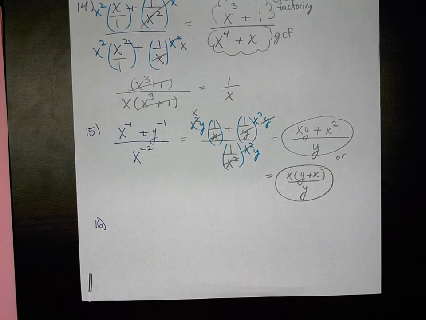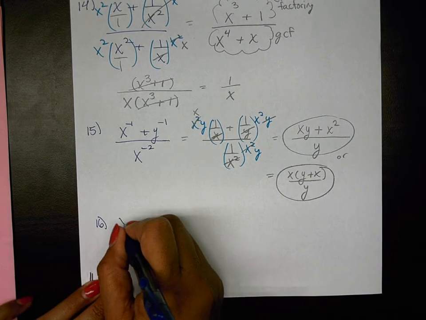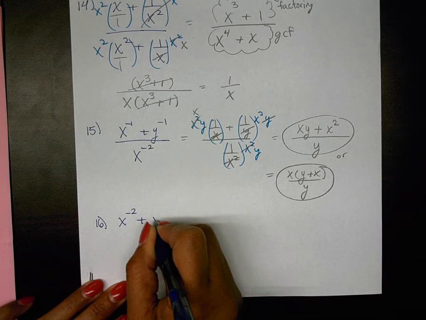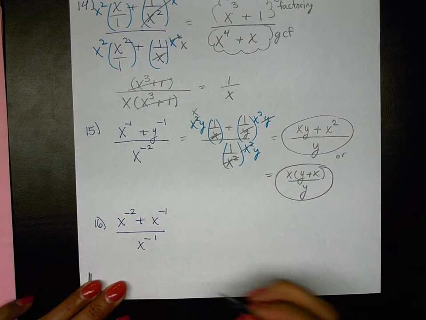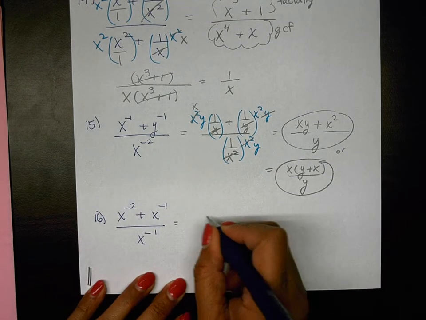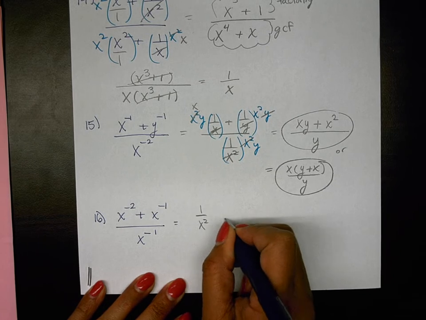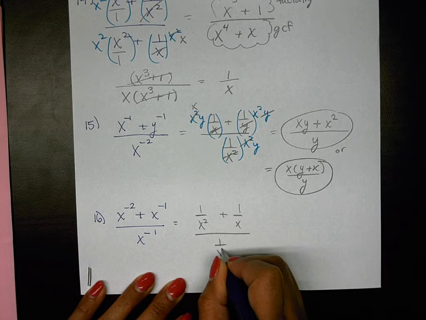All right, number 16. X to the negative 2 plus x to the negative 1 all over x to the negative 1. Very similar to the one we just did. You rewrite it as 1 over x squared plus 1 over x all over 1 over x.